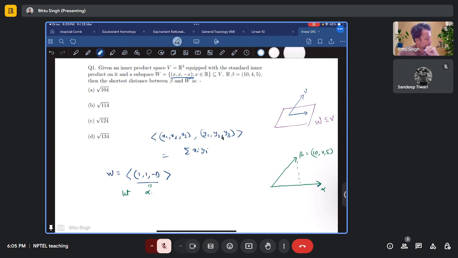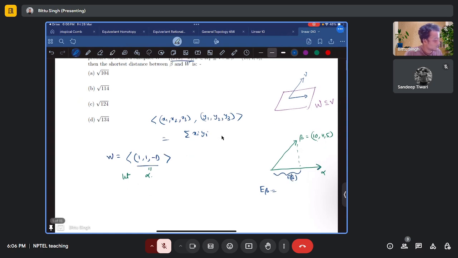So what can be done? We take the projection. Let us denote the projection by E. So E of beta, this is the projection E beta. It is defined as E applied on beta.